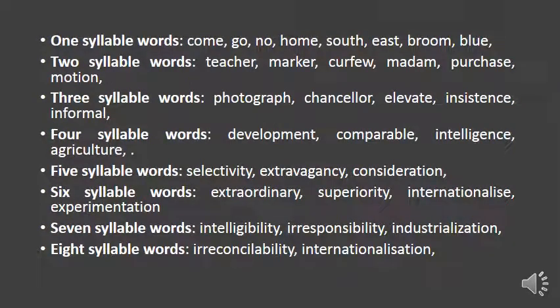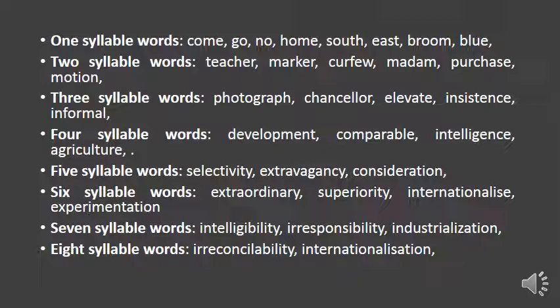These are the examples of the different syllables we have. That is, we have one-syllable words, two-syllable words, three-syllable words, up to eight-syllable words. For example, in one-syllable words we have a word like calm. Calm, we can see that we pronounce it once.